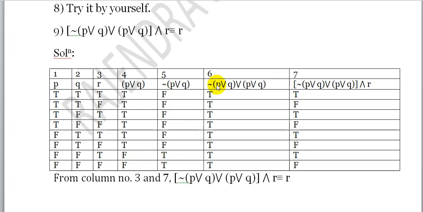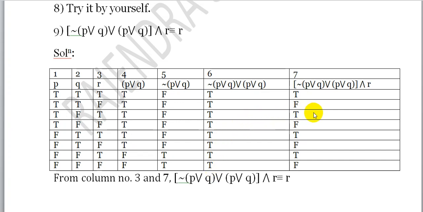Column number 6, negation of PRQ or PRQ, means using or in these two columns. For or, if anyone is true, then it is true. So 6 times here it is true, and 2 times here it is true. Means at least one is true in all the elements, so this will be only T. All elements are true. Okay.